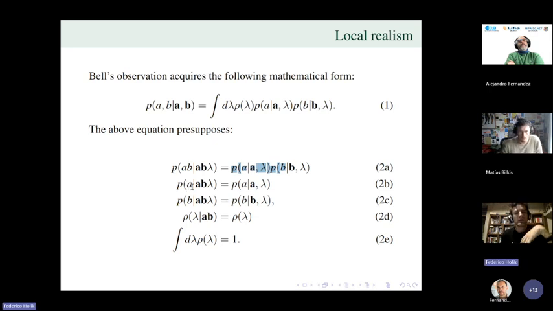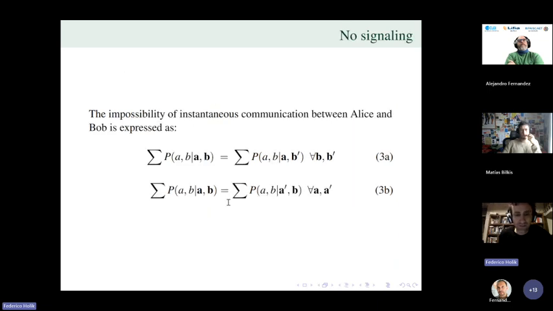The probability of Alice observing A, given that she chose to measure A and Bob chose to measure B, will not depend on what Bob is going to measure. So of course, this is a sort of locality condition, right? If the world is local, the results of my experiment will not depend on what you choose. This is, of course, related to the no-signalling condition, right?